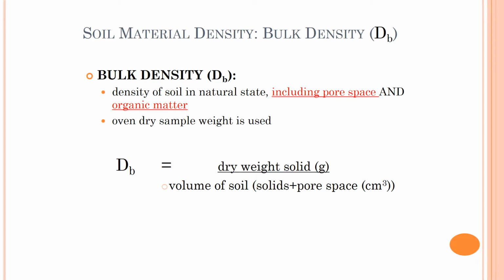So if you're looking at a classroom with 60 desks, but there are only 10 people, our bulk density would be very low because we only had a few people occupying a very large space. But if we were to add 200 people to that room, which normally only holds 60, we would have a very, very, very high bulk density. It would be very dense, and it would be very hard to move from one room to the other.